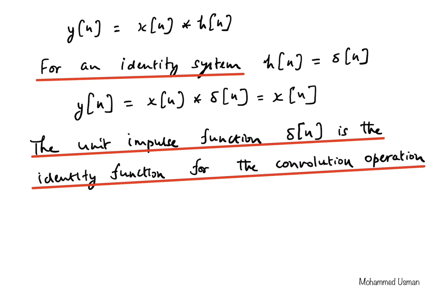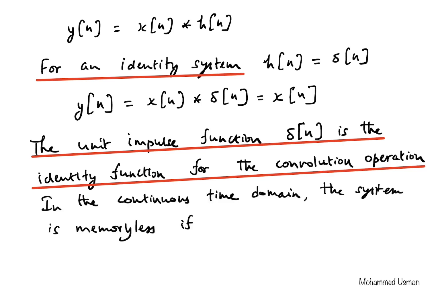We can extend these ideas to the continuous time case as well. Similarly, in the continuous time case, the system is memoryless if the impulse response h of t is equal to 0 for t not equal to 0.